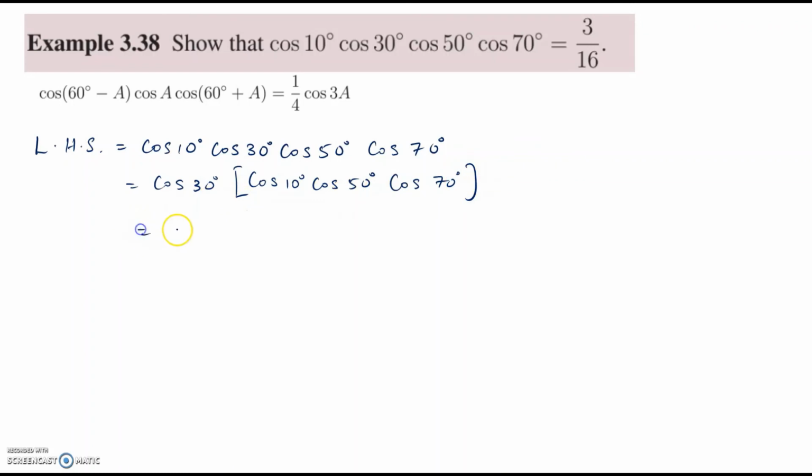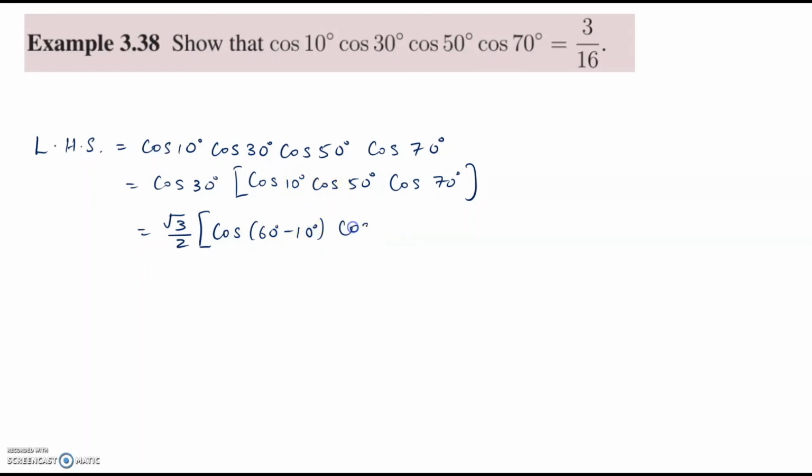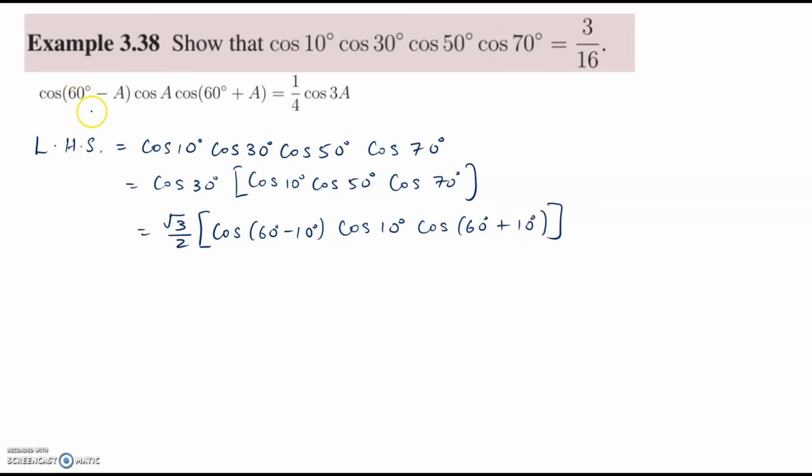Now you can further simplify. Cos 30 degrees is nothing but root 3 by 2, and let's rewrite our cos 50 as cos of 60 minus 10 degrees, keep the cos 10 degrees as it is, and the cos 70 would be cos of 60 degrees plus 10 degrees. Now this is in the form cos of (60 minus a) cos of (60 plus a), where a is equal to 10 degrees.